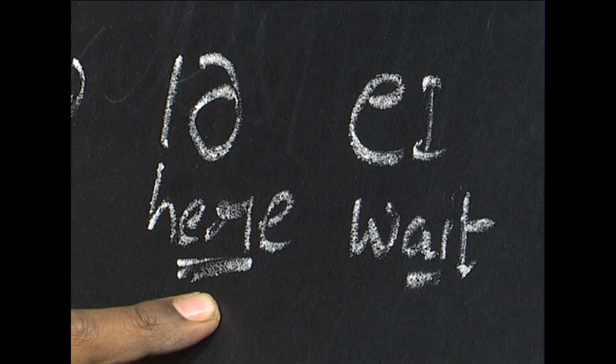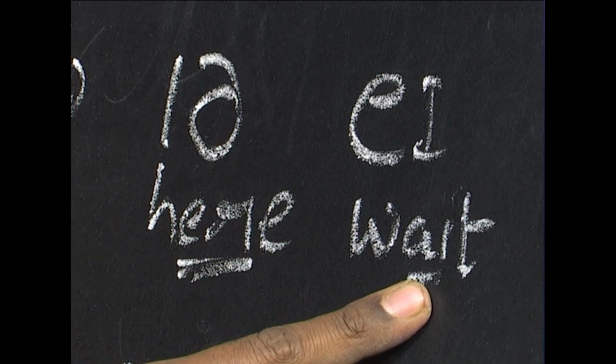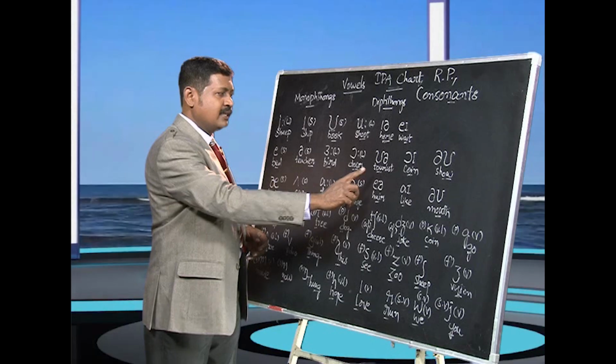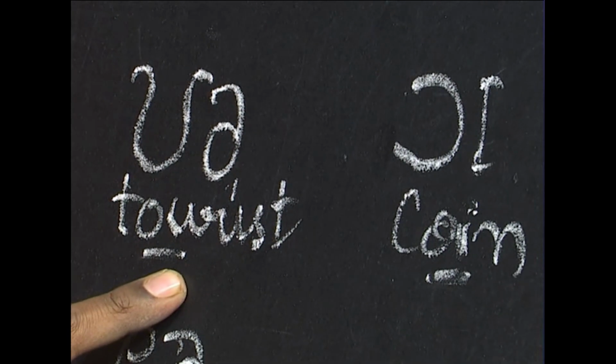Here. The other one is a, wait, straight, 8. We have covered 2 of the diphthongs. Let us now go to the third one. Tourist.